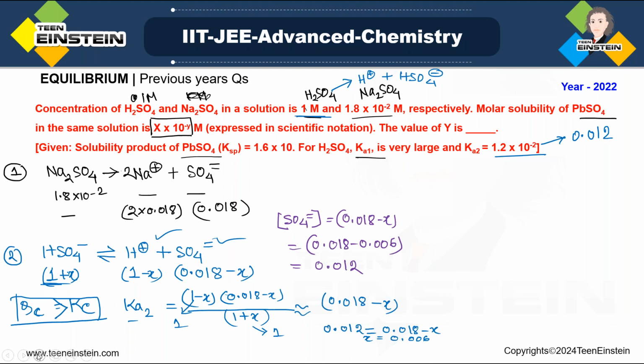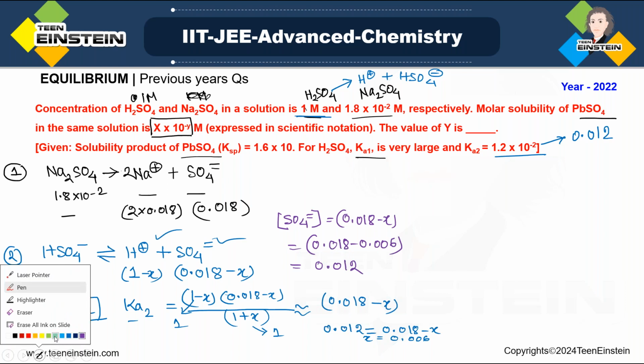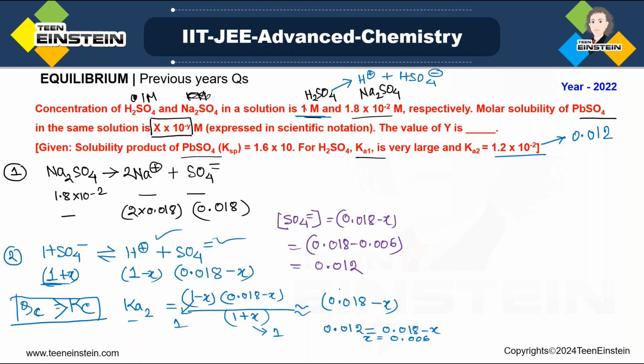Now why are we calculating SO4? Because in the next step we will need this value of sulfate. Because the molar solubility of PbSO4 is given in this format, you have to find the value of Y. So when PbSO4, which is sparingly soluble, dissociates, the sulfate concentration will be needed.